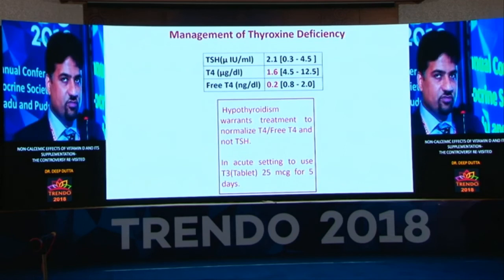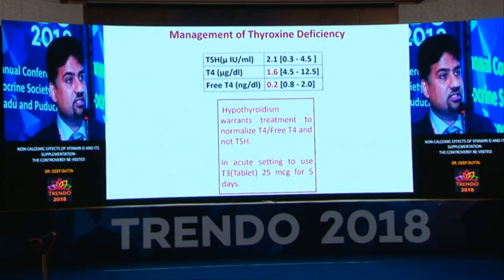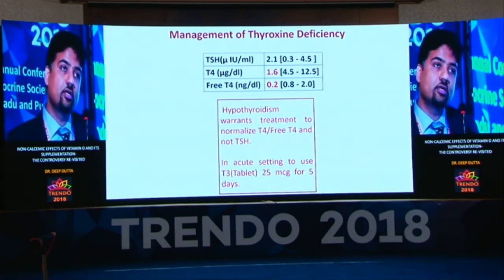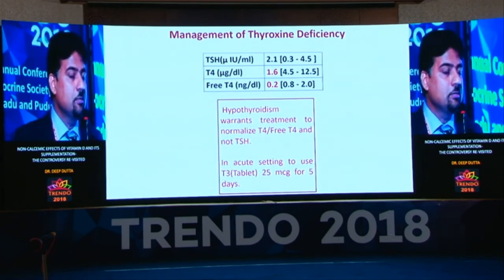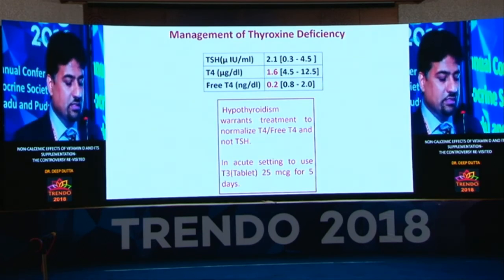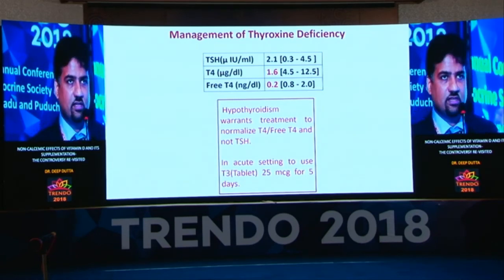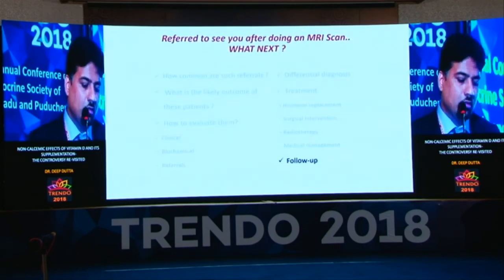In management of thyroxine deficiency, as I've mentioned before, it's important not to target the TSH, but to target the T4 and the free T4. In the acute setting, if the patient needs an urgent surgery and the thyroid functions are like this, then we may use T3. T3 is available as 25 micrograms thrice a day. We give it 3 days preoperatively and 2 days post-op, and still the patient can be cleared for surgery.